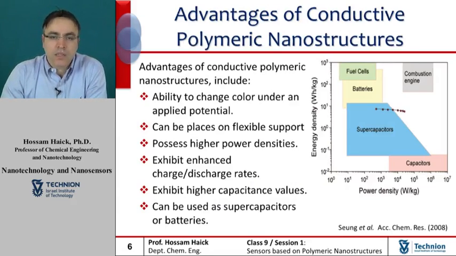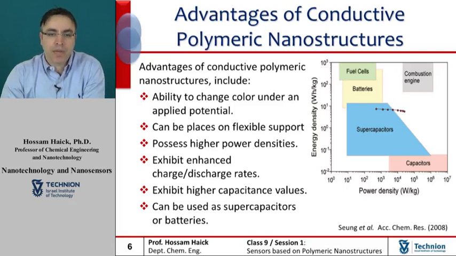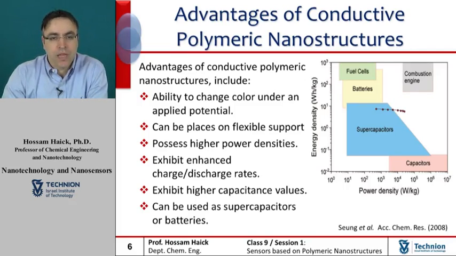The current slide presents a plot of energy densities versus power densities for various devices. Closed circles represent data from the PEDOT nanotube-based supercapacitor. The PEDOT nanotube is a good candidate for a supercapacitor that provides high power density without significant loss of its energy density.